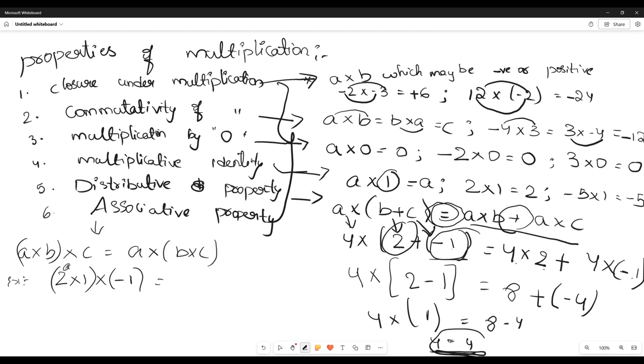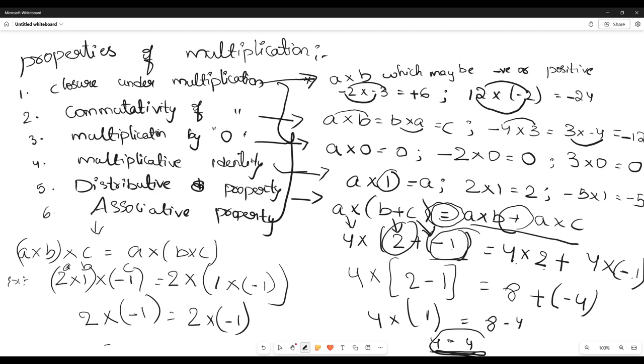A is 2, B is 1, and C is minus 1. First we have to remove brackets. 2 into 1 into minus 1, which is minus 1. Positive into negative, negative. 2 ones are 2. Positive into negative, negative. 2 ones are 2. We got the same answer, right? This is the associative property.